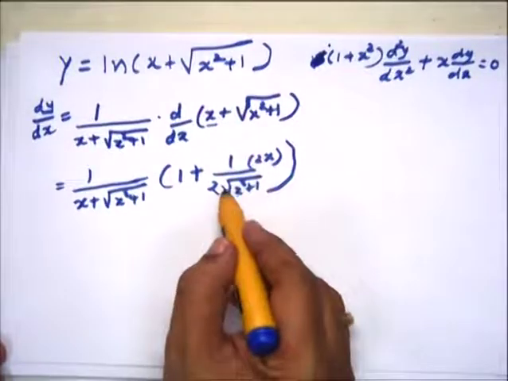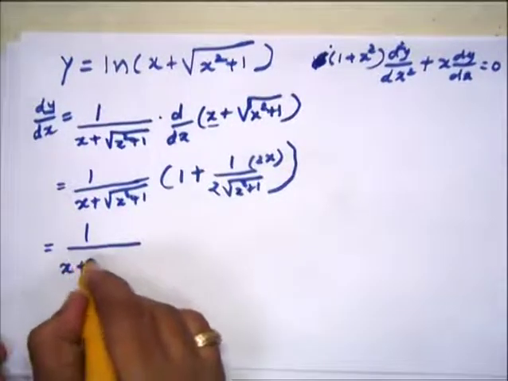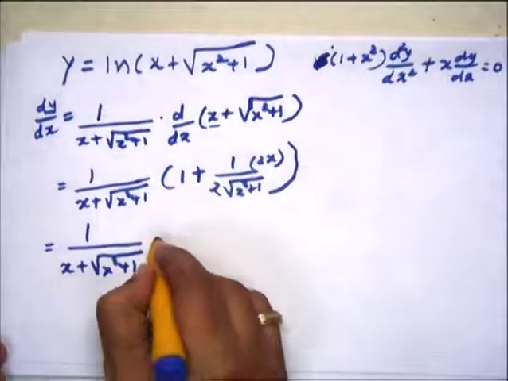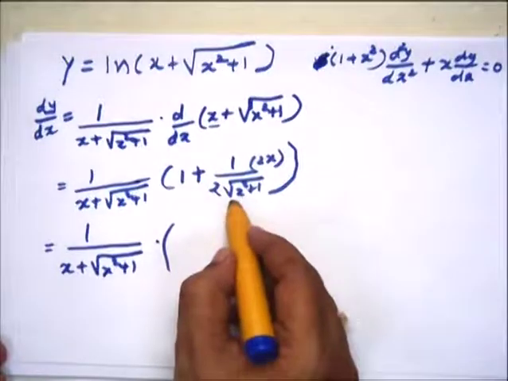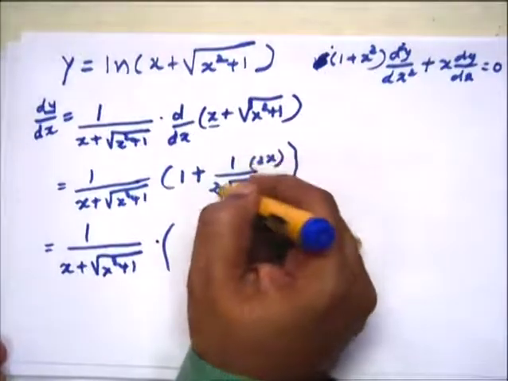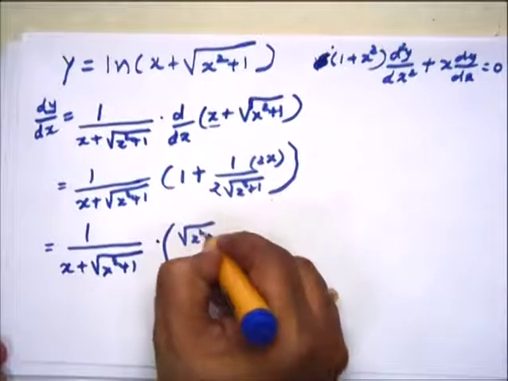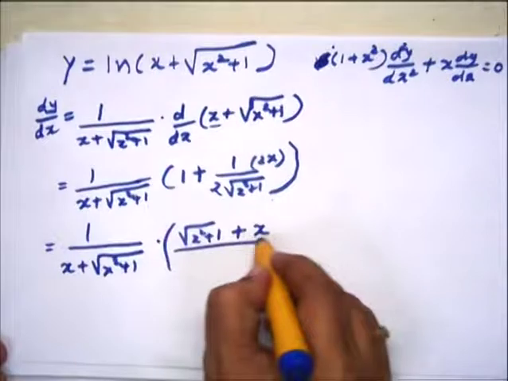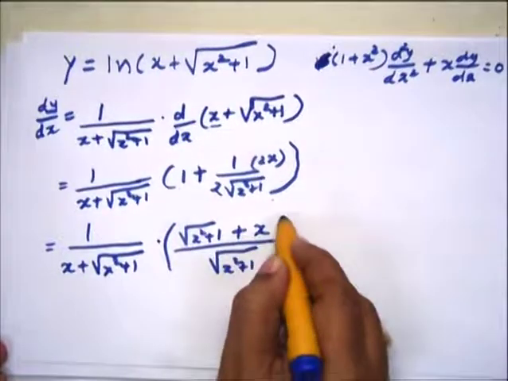this is x upon, so 1 upon x plus root of x square plus 1 into this root of x square plus 1, we can take as LCM. This 2 will get cancelled, so it is root of x square plus 1 plus, here x is there, so it is x upon root of x square plus 1.